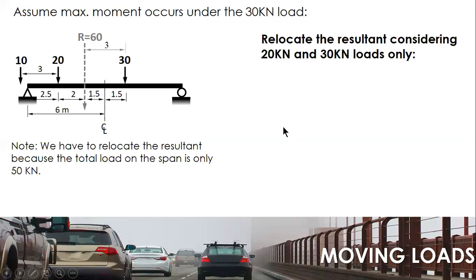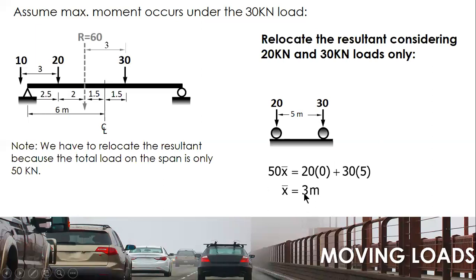So in relocating, we consider 20 and 30, and x bar is 3, referred to 20. But what we will test is only 30. We cannot go back to 20 because we already proved for 20 that the 10 is still on the span. So 20 is okay, only the 30 remains. This is what we will use now.